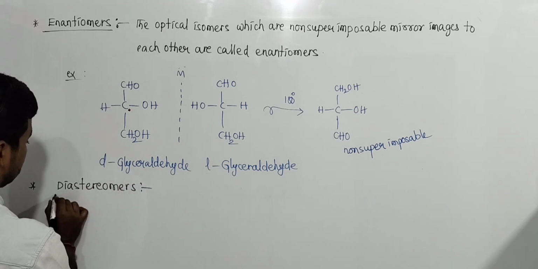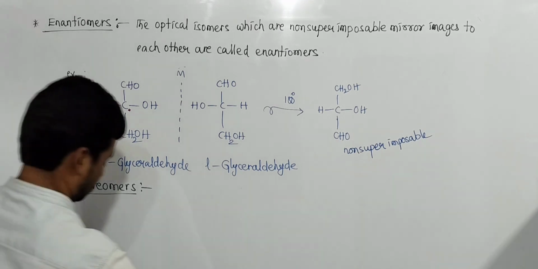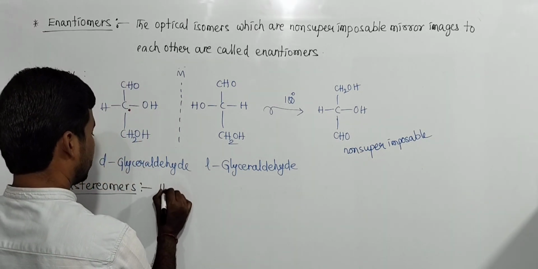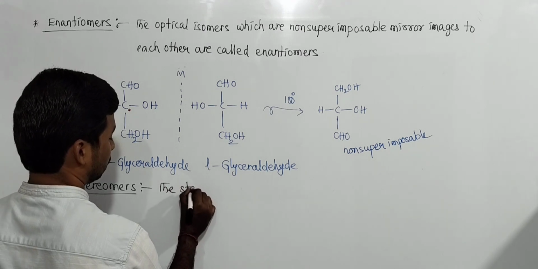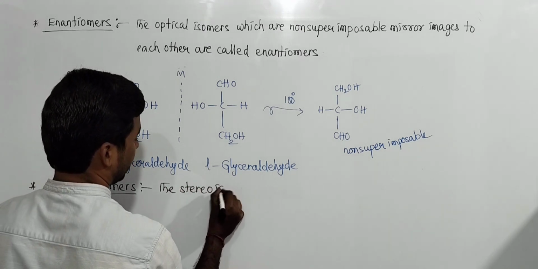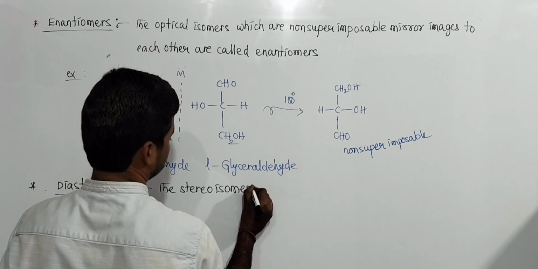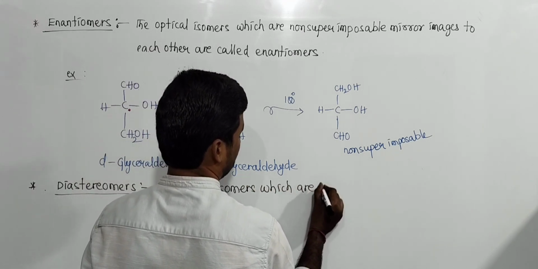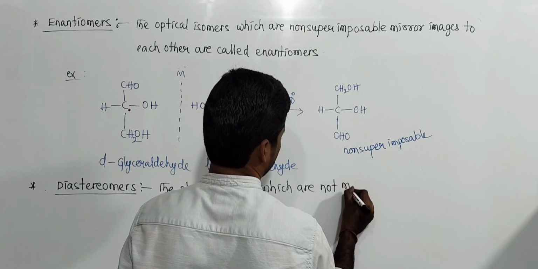Diastereomers are the stereoisomers which are not mirror images.